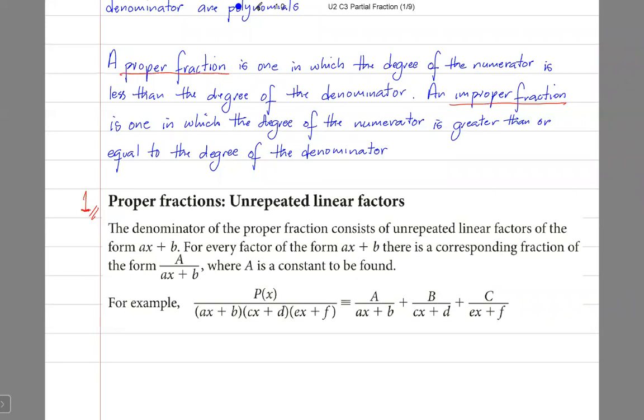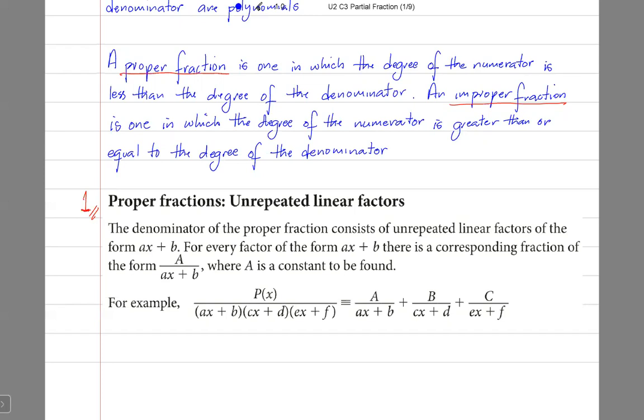So the first type we're looking at is proper fractions, unrepeated linear factors. This says the denominator of the proper fraction consists of unrepeated linear factors of the form ax plus b. For each factor of the form ax plus b, there is a corresponding fraction of the form A over ax plus b, where A is a constant to be found.